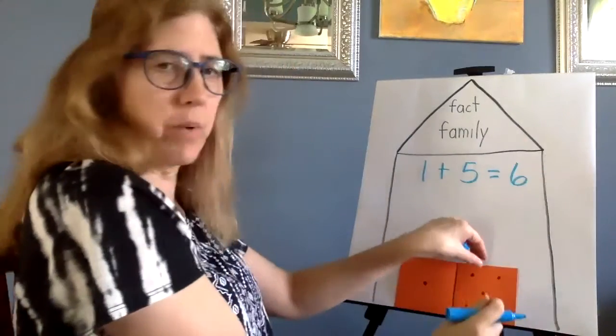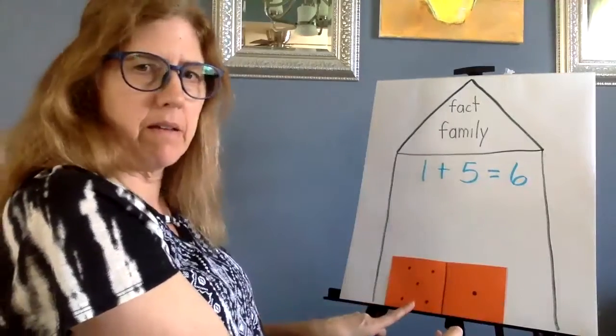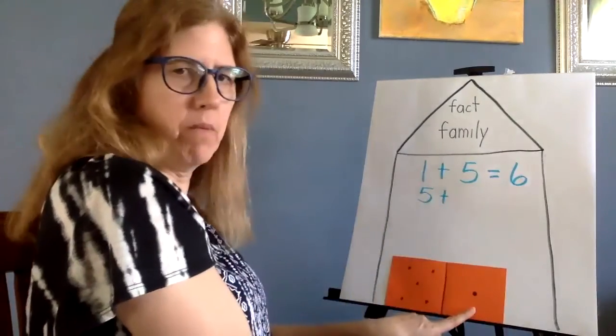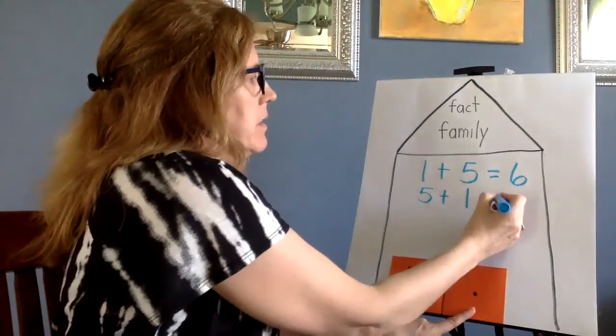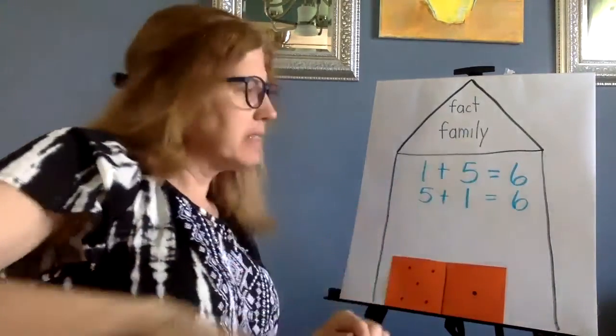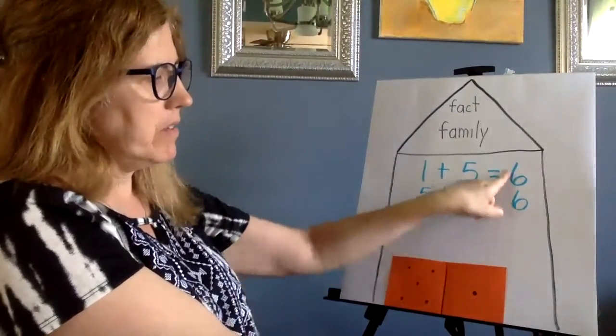Then we're going to turn it around. This time we're going to start with this side. So we get a 5 plus 1 equals 6. And we can see that these numbers just swapped places and these are the same.